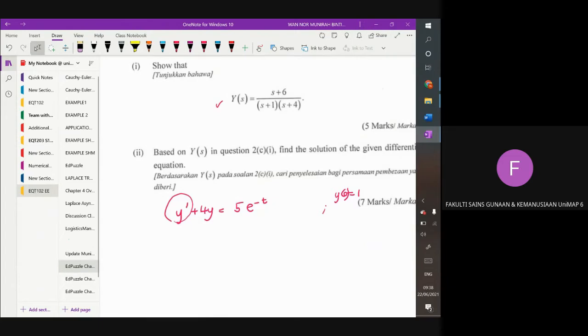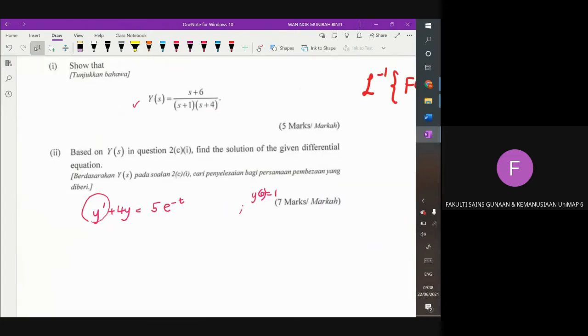So you will have sys minus y0, close the bracket, and then plus 4y. What is y? Earlier I told you y is a function of t, yt. So if Laplace ft equals fs, Laplace gt equals gs, then Laplace yt equals ys.